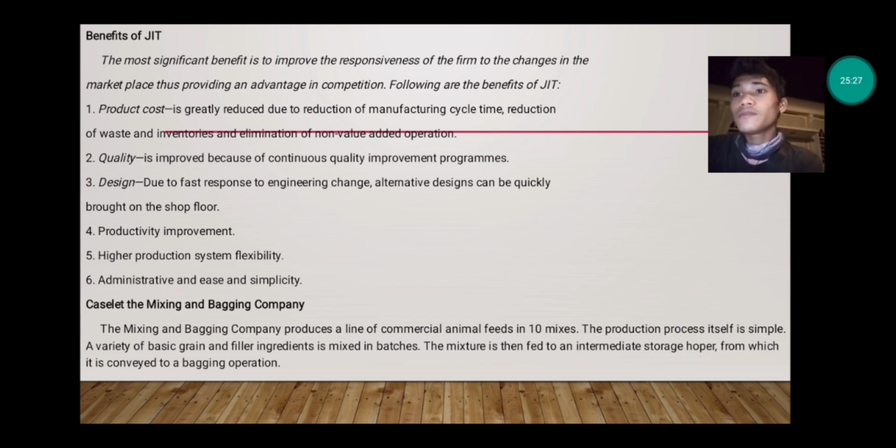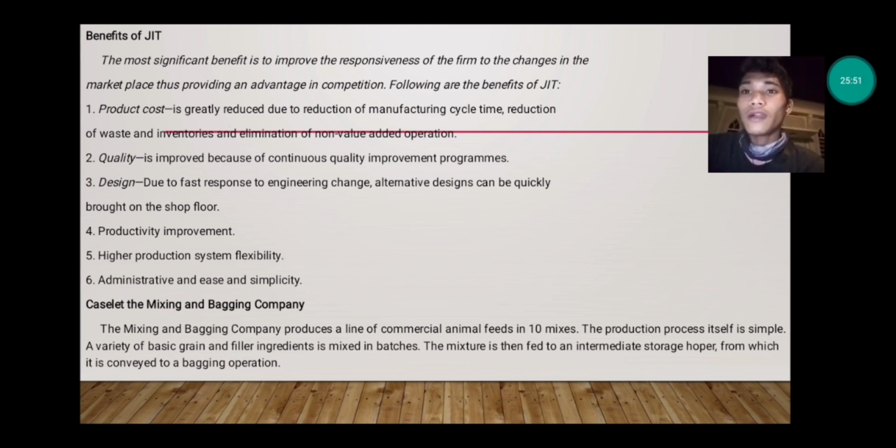Benefits of JIT. Its most significant benefit is proven responsiveness of the firm to changes in the marketplace, which proves an advantage in competition.